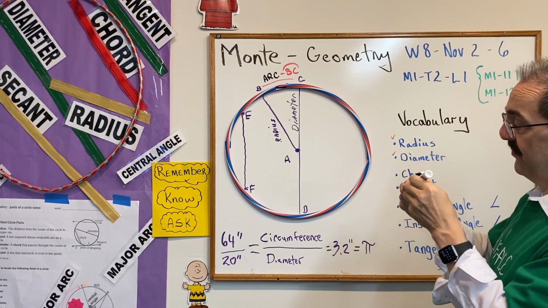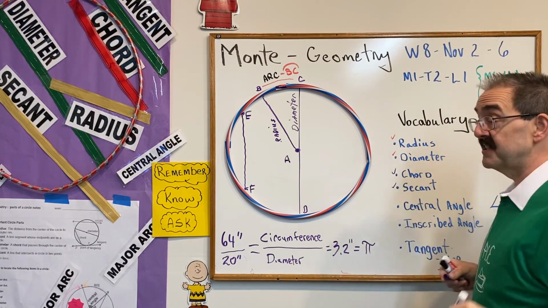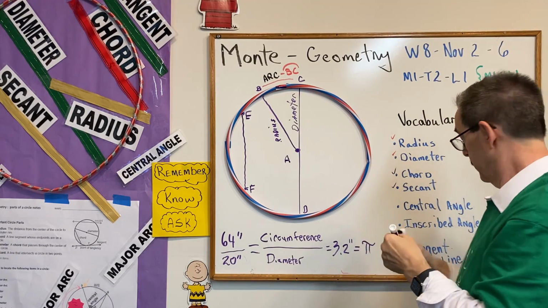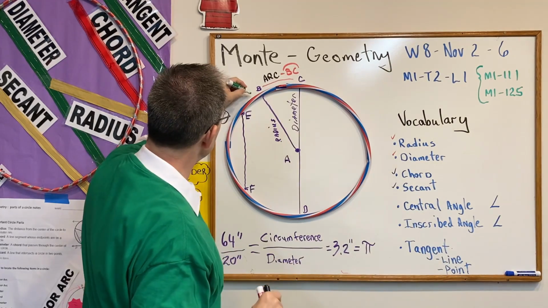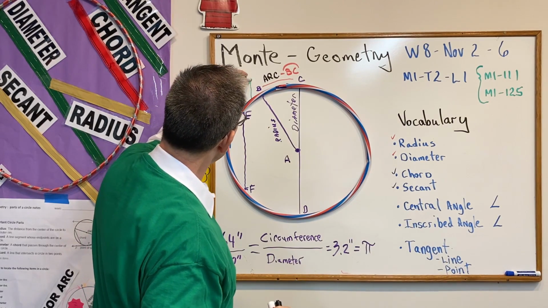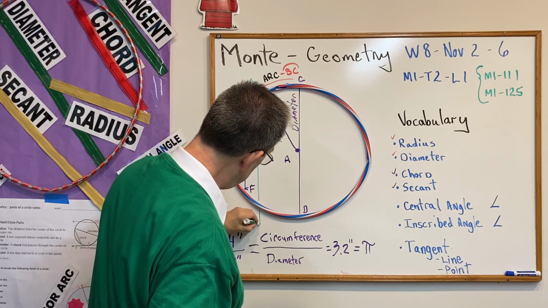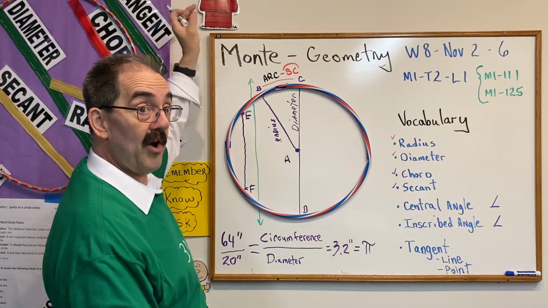Now, I want to confuse the situation a little bit, so we did chord. A secant goes all the way through, okay? So I'm going to grab a different color here, and it's an actual line that pierces it. So I'm going to draw a line and a line all the way through. It actually goes through the circle and goes on forever.